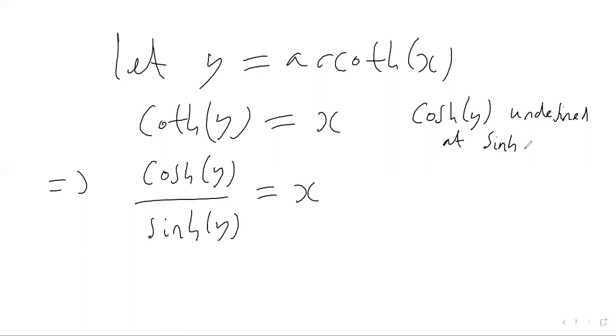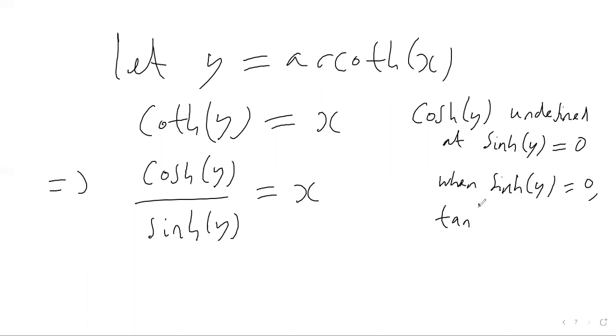Because obviously if sinh y equals 0, then that fraction won't be defined. But the key thing to note here is that actually when sinh y equals 0, tanh y equals 0 as well.